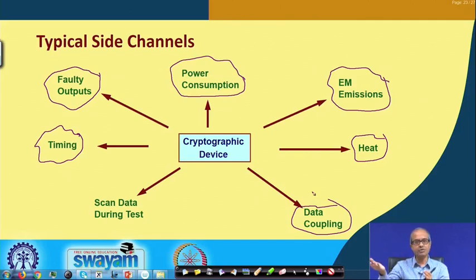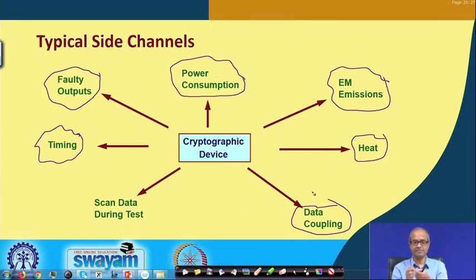Someone outside your house can connect some kind of a probe on that cable and can capture that data that is flowing through that cable. That is what I mean by data coupling. And that data, if I connect to another TV, I can see exactly what you are watching, I can replicate that. If I amplify it suitably and I plug into another TV, I can see what you have been watching inside.